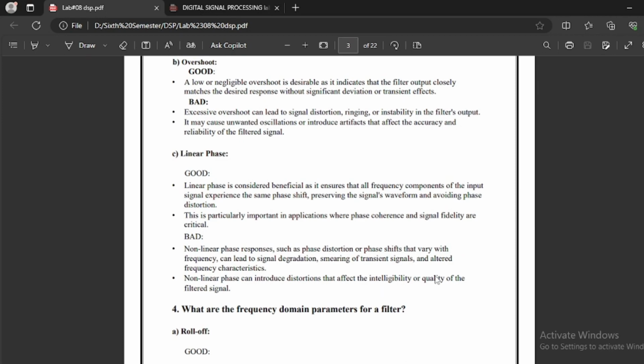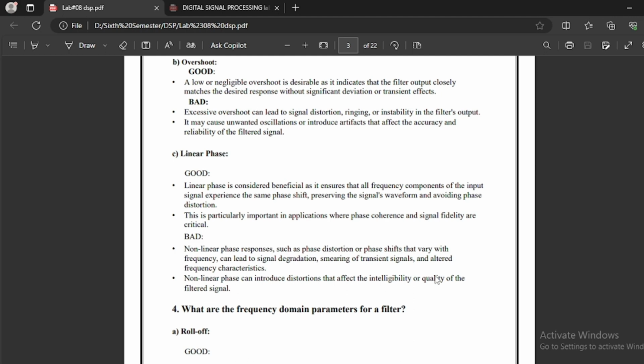Good, linear phase is considerably beneficial as it ensures that all the frequency components of the input signal experience the same phase shift, preserving the signal's waveform and avoiding phase distortion. This is particularly important in applications where phase coherence and signal fidelity are crucial.